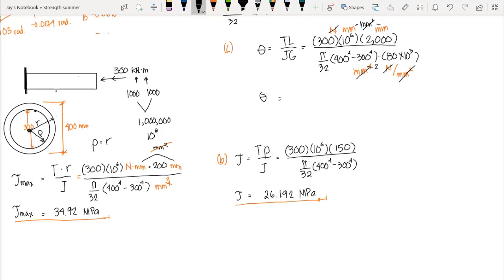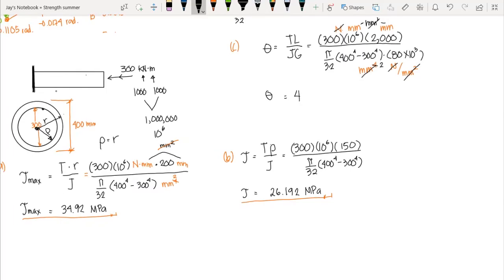So we have the angle of twist, that is 4.365 times 10 raised to negative 3, or 0.004365 in radian. This one is the angle of twist for a 2-meter length steel hollow tube.